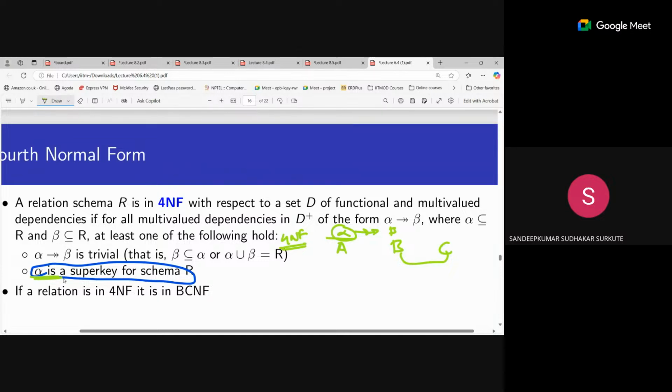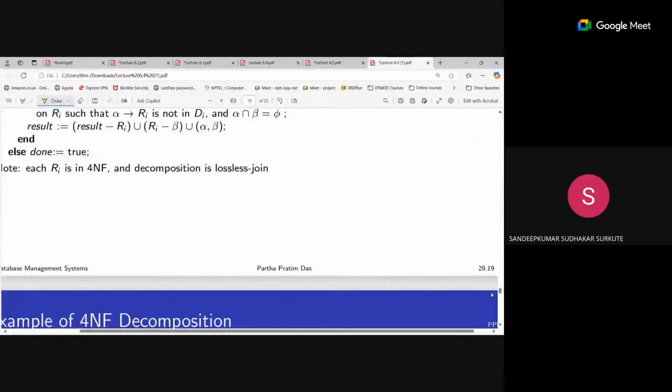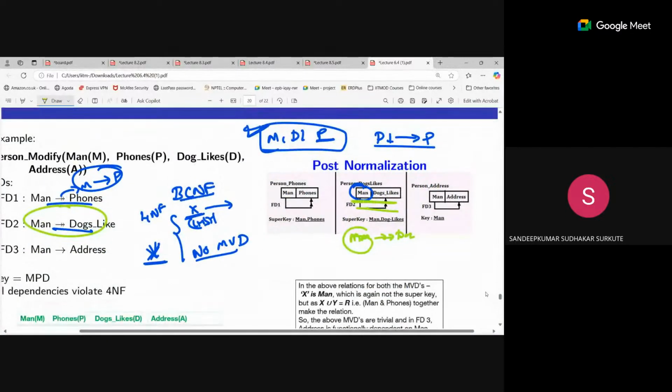In that relation, if dog likes totally determines address, then probably that will go to 4NF. If dog likes determine address, then we can say man, dog likes and address will be in 4NF, because man dog likes is a non-trivial dependency, MVD, but still M is a key because M totally determines the tuple uniquely.